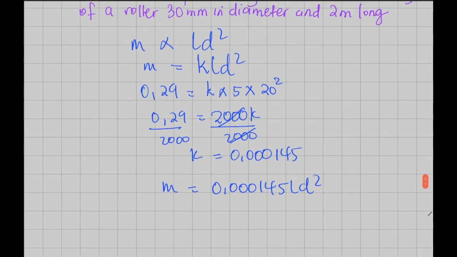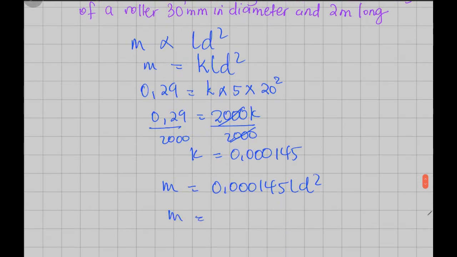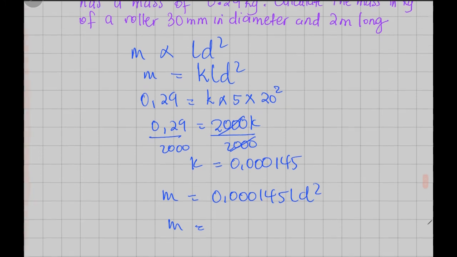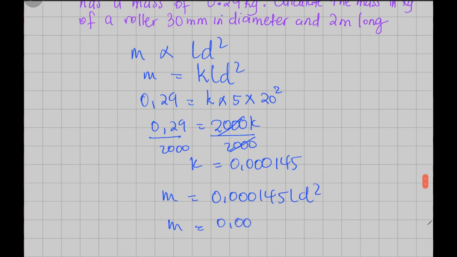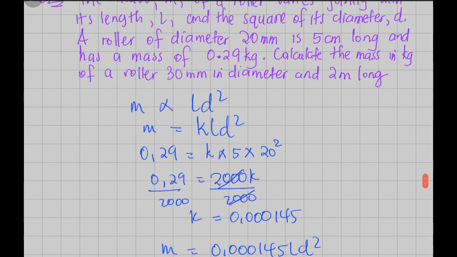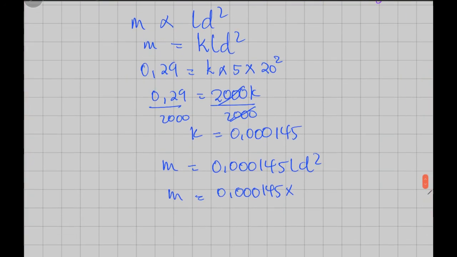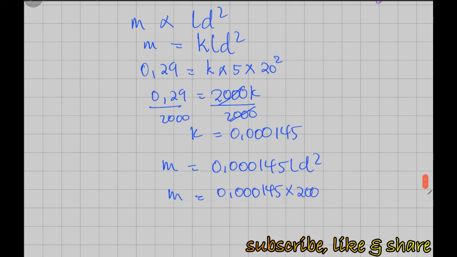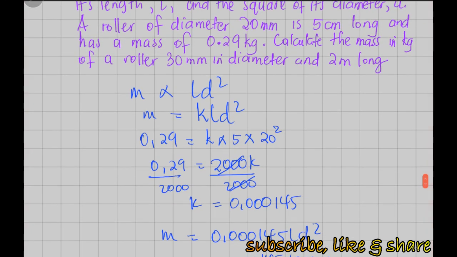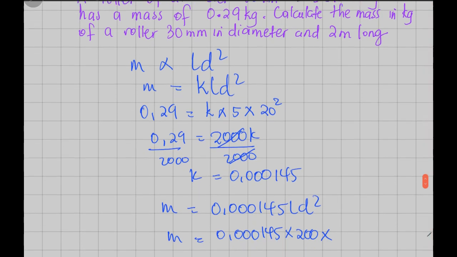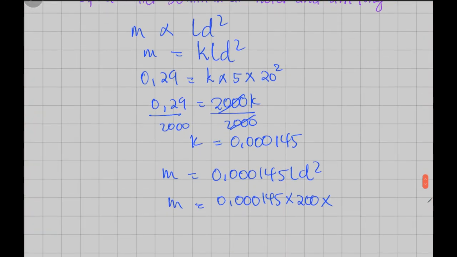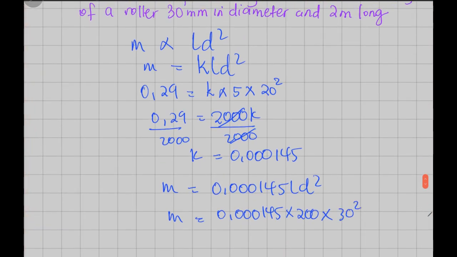We are told to calculate the mass in kgs of a roller 30 millimeters in diameter and 2 meters long. So mass is equal to 0.000145 times our length. Our length is 2 meters, so we have to convert this into centimeters, so it's 200 centimeters, times our diameter, 30 millimeters, so 30 squared.